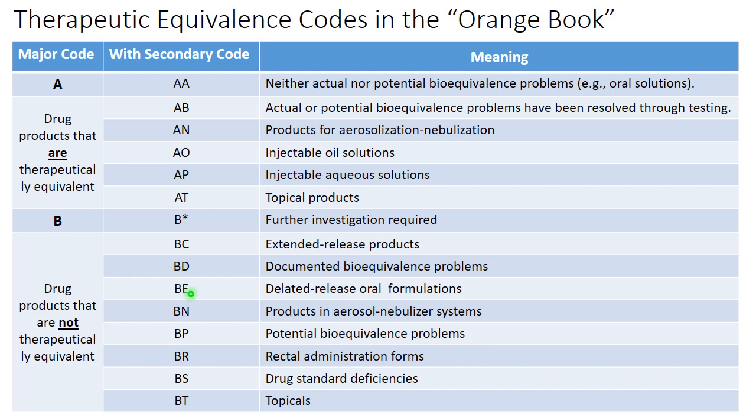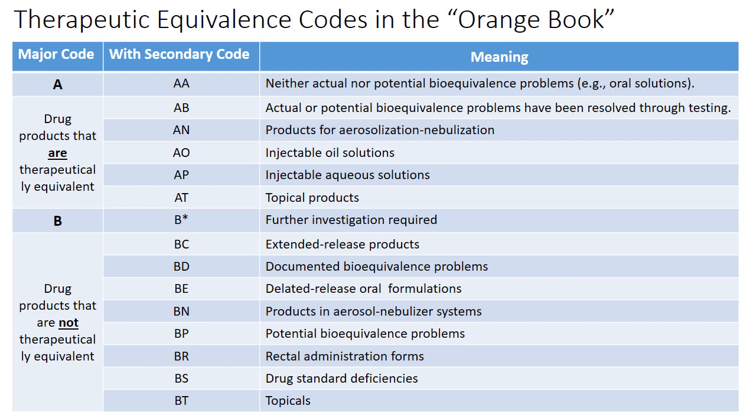But delayed is different from extended. Delayed means the onset of absorption is actually later as well. Again, BN is nebulized. BP is, I know it's possibly confusing compared to the AP, but BP means potential bioequivalence problems. BR means rectal administration forms.